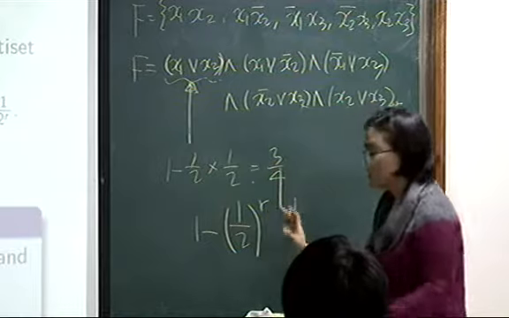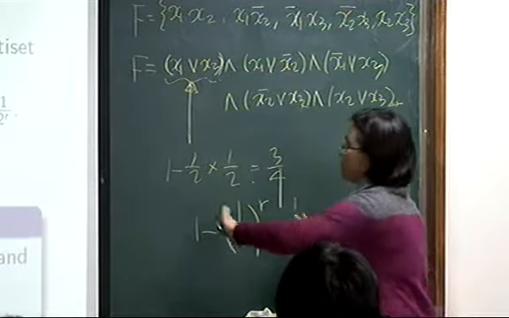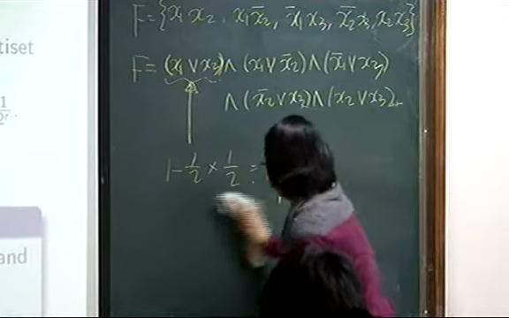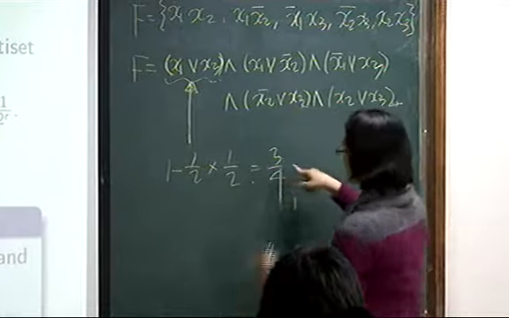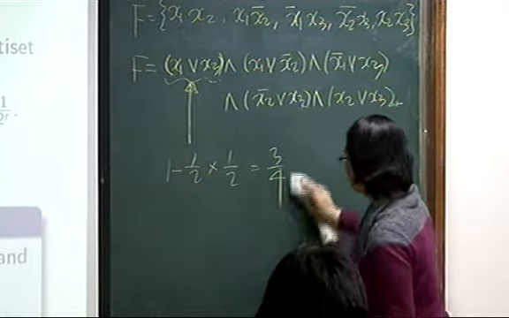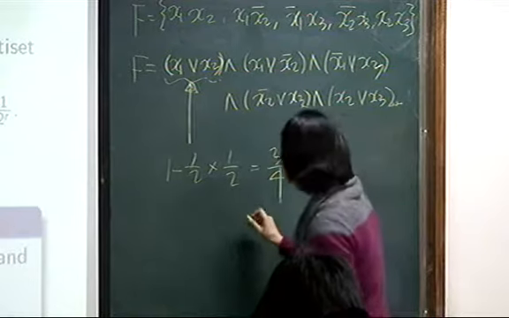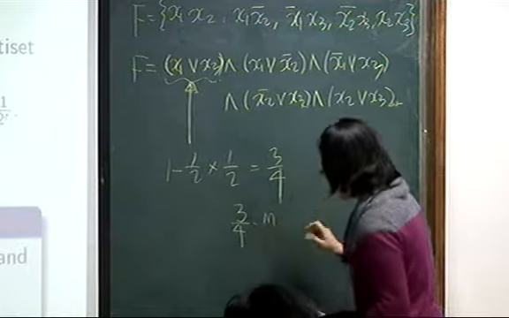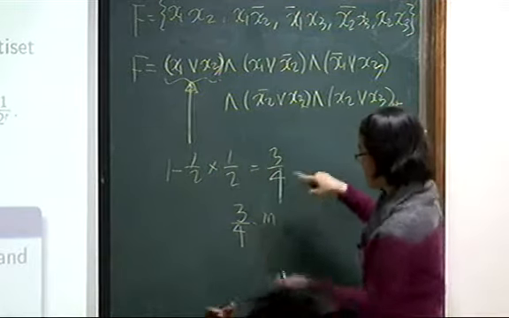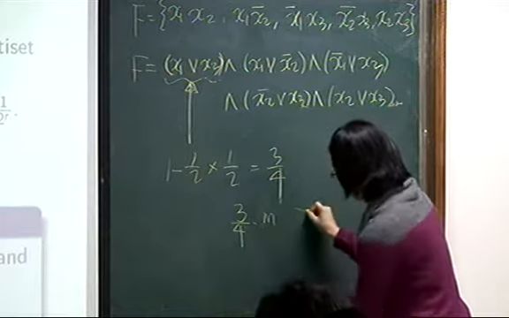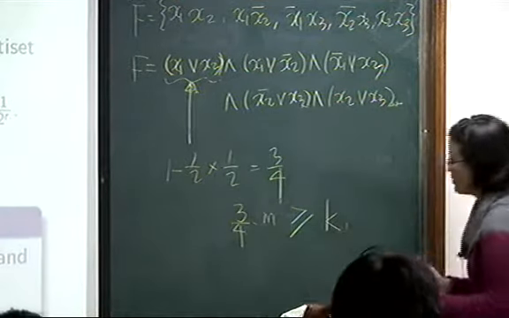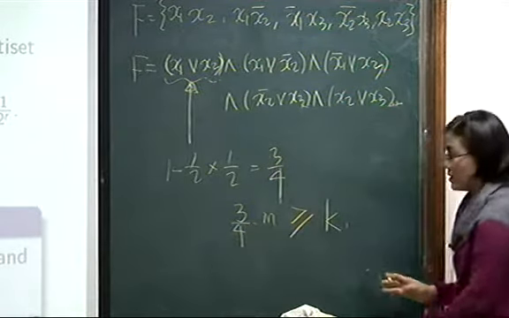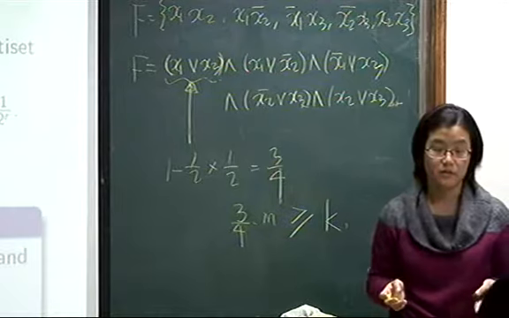And you can easily derandomize this randomized algorithm. Let's see the case when r equals 2. It's always possible to satisfy 3 over 4 times m clauses, where m is the number of clauses. So if the given k is less than 3 over 4 times m, then the answer is obviously yes.